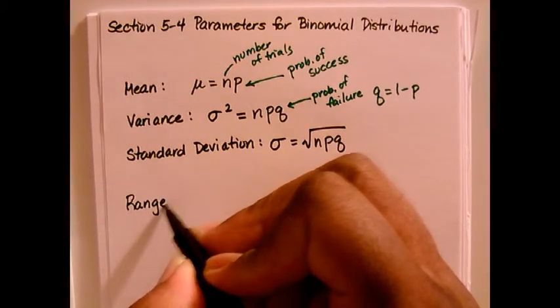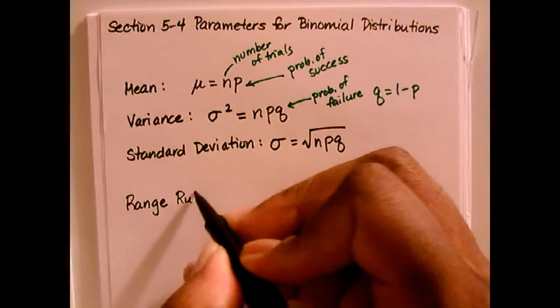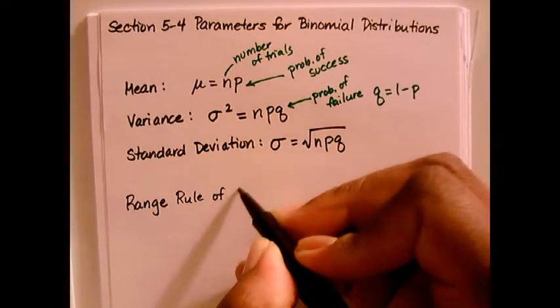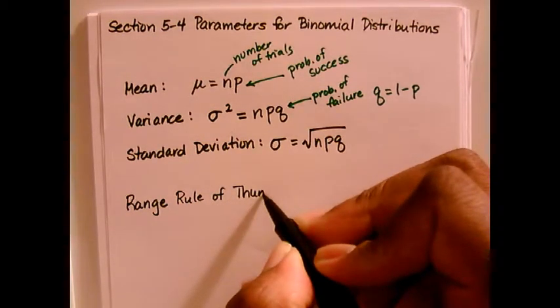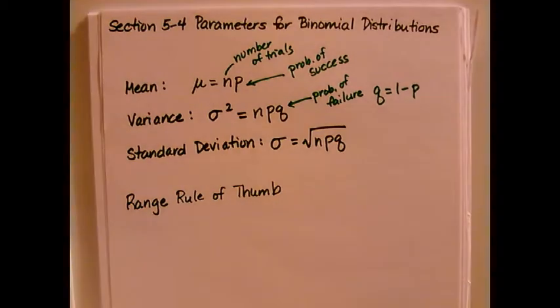Okay, and the next thing I'm going to talk about is the range rule of thumb. It's important that we interpret and understand those values, so the range rule of thumb is going to be very helpful. Values are going to be unusually high or unusually low if they differ from the mean by more than 2 standard deviations.